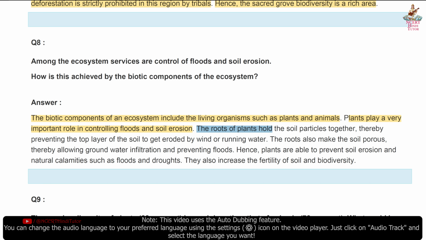The roots of plants hold the soil particles together, thereby preventing the top layer of the soil to get eroded by wind or running water. The roots also make the soil porous, thereby allowing groundwater infiltration and preventing floods. Hence, plants are able to prevent soil erosion and natural calamities such as floods and droughts. They also increase the fertility of soil and biodiversity.